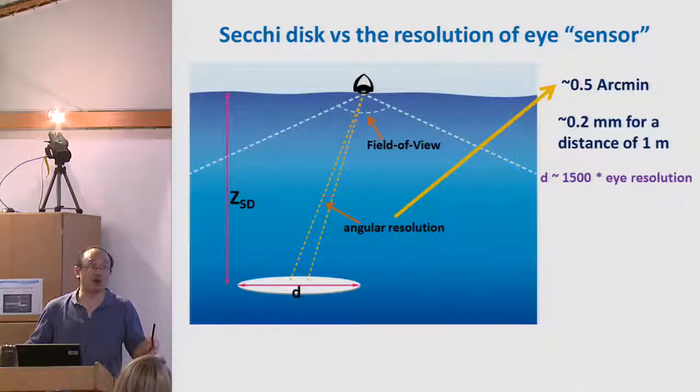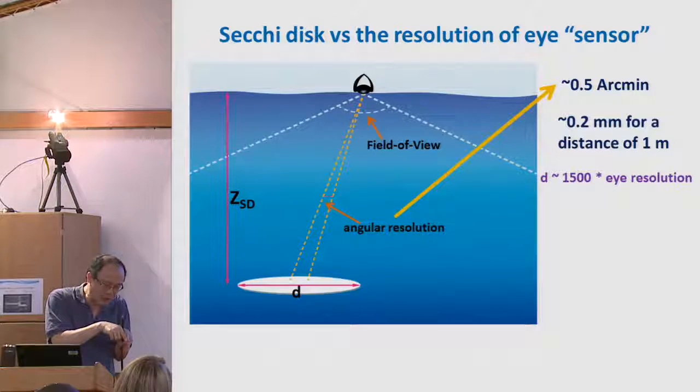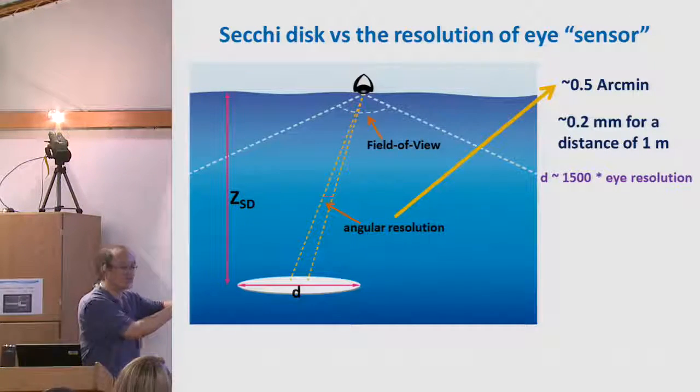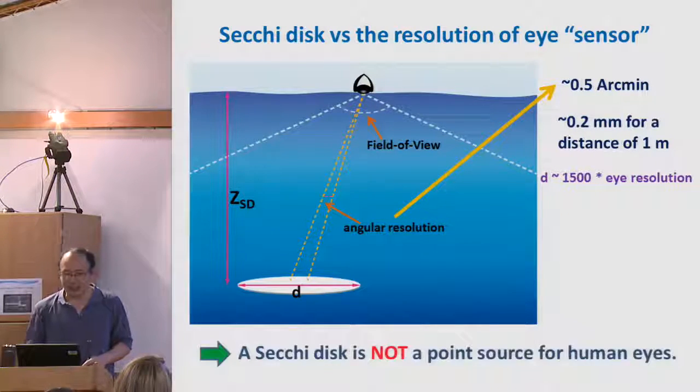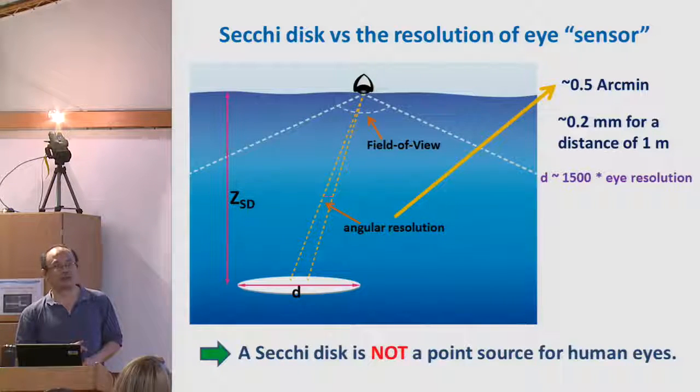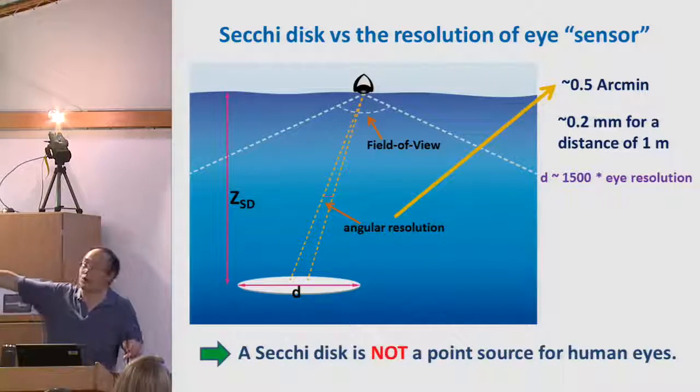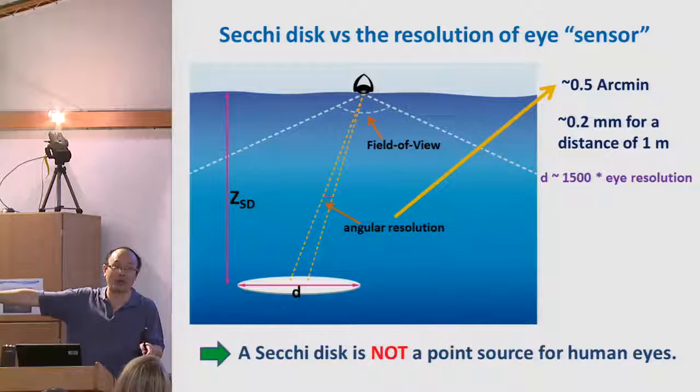It's a humongous object. You would think of our eye as a radiometer. So our eyes actually measure a small portion of the light coming out from this disk. So that means this disk is not a point source, but a broad source, kind of like a wall to our eyes or to a radiometer.